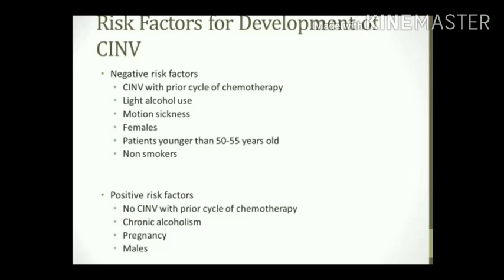Chemotherapy induced nausea and vomiting can occur with a prior cycle of chemotherapy, meaning whenever the chemotherapy repeats, nausea and vomiting will also repeat. And light use of alcohol, motion sickness, female sex, age younger than 50 to 55 years, and non-smokers are the negative risk factors.